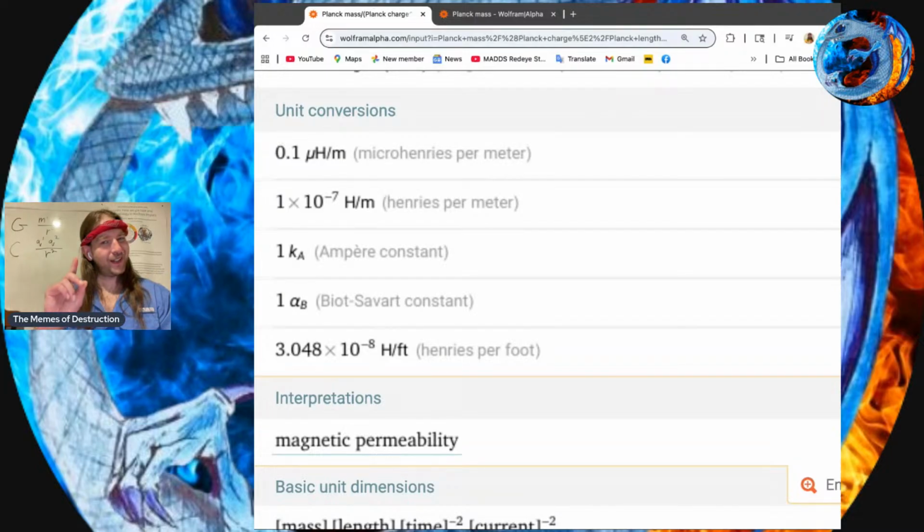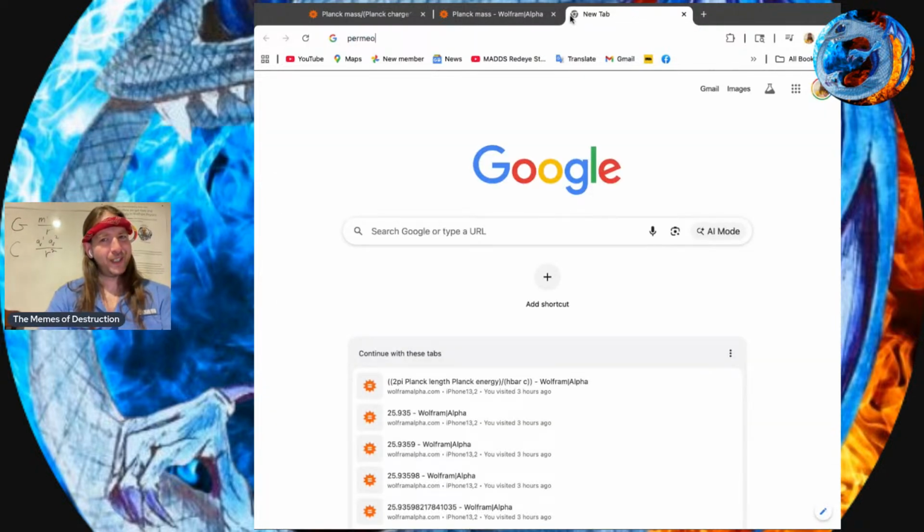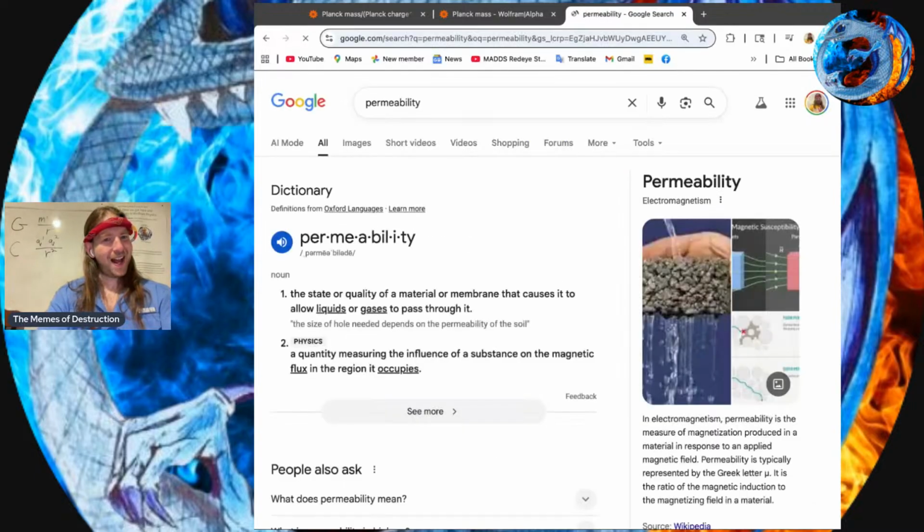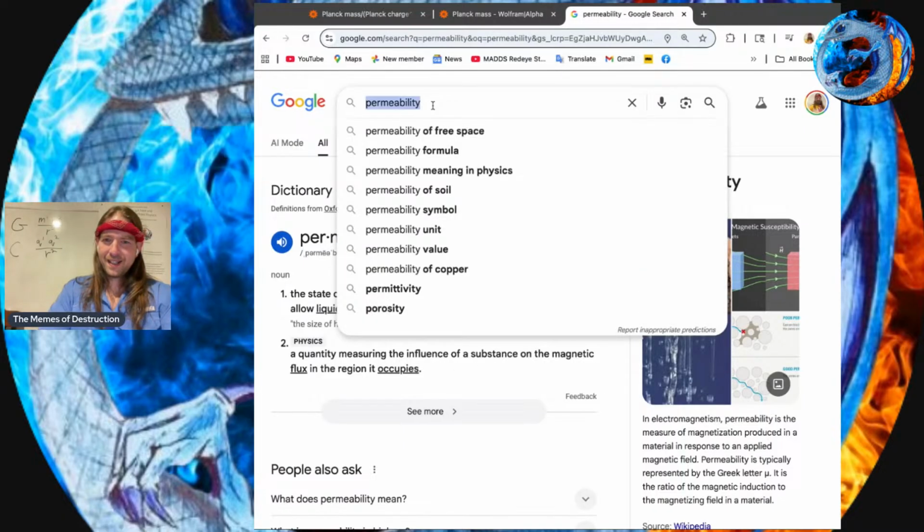So remember, the electric constant is permittivity. Permeability. I always forget. Permeability: the state or quality that a membrane has that allows liquid or gas to pass through. Okay, a magnetic quantity measuring the influence of a substance on the magnetic flux. All right.